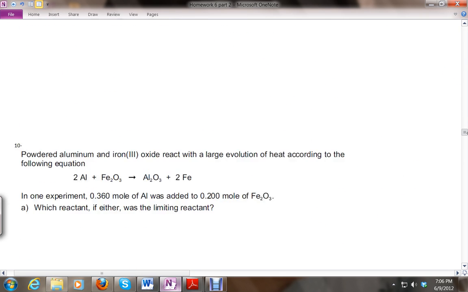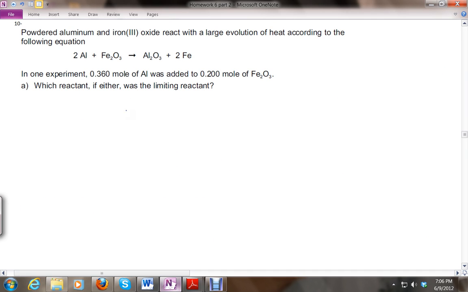Okay, so go to problem number 10. Powdered aluminum and iron 3 oxide react with a large evolution of heat according to the following equation. In one experiment, 0.360 moles of aluminum was added to 0.2 moles of iron 3 oxide. How do you recognize the limiting reagent?